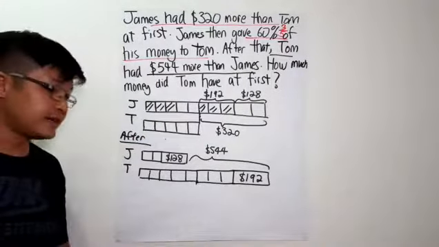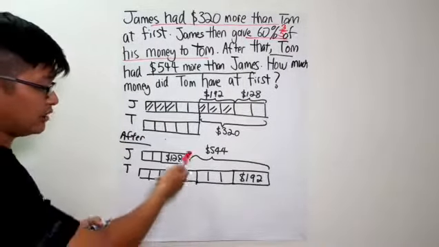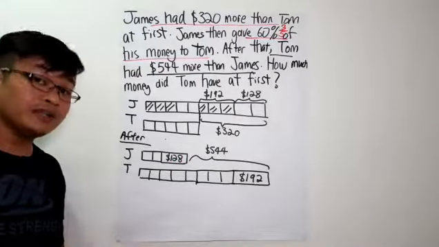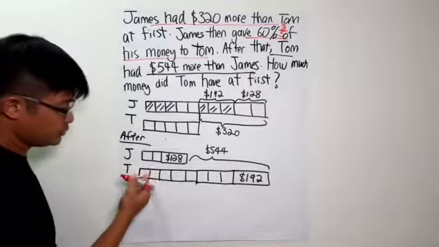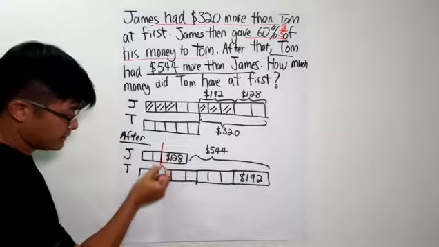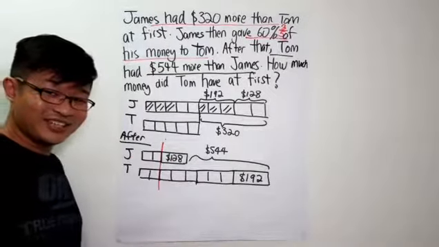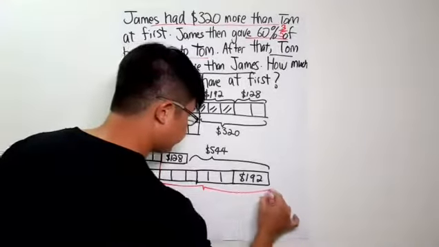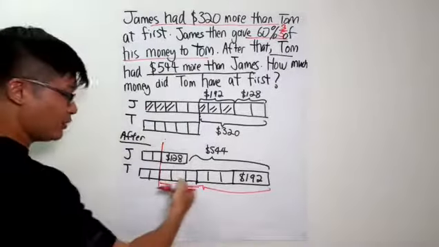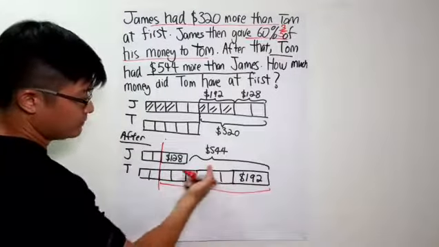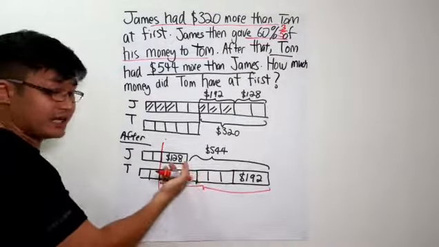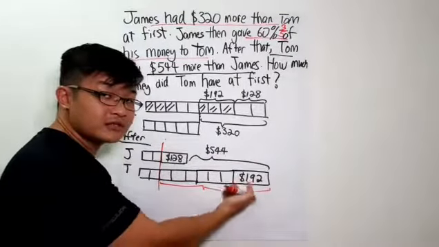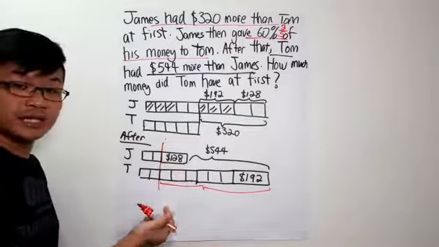But actually, do we know exactly how many units this 128 is going to be? We don't. But one thing we do know is that these two units, they are the same. So I can find this part here. This whole portion here is the 544, which consists of the 192 and the 128.